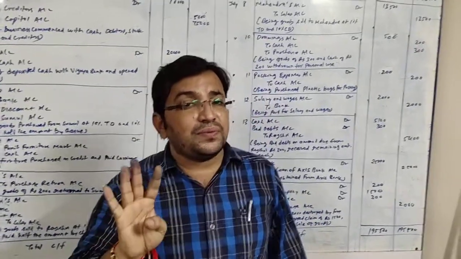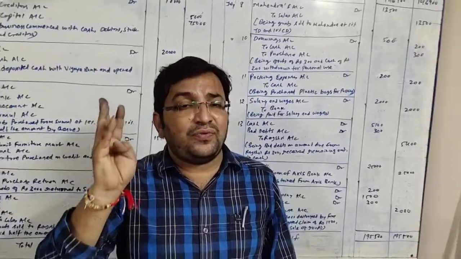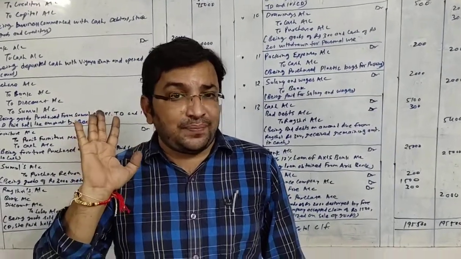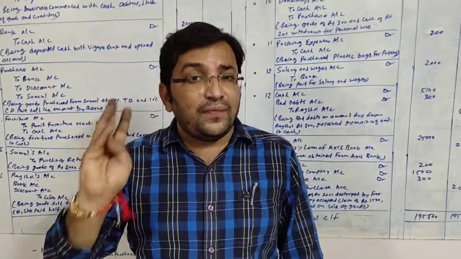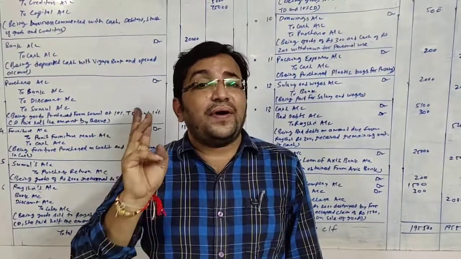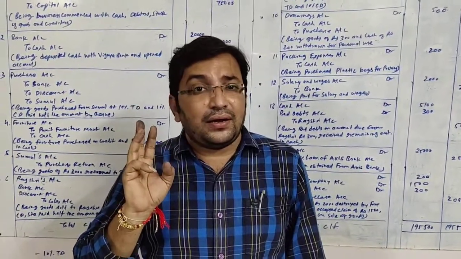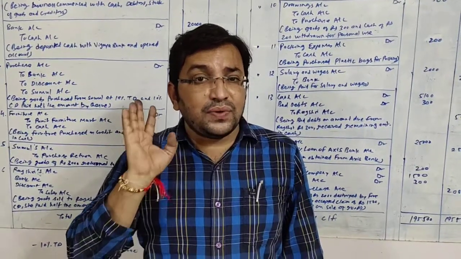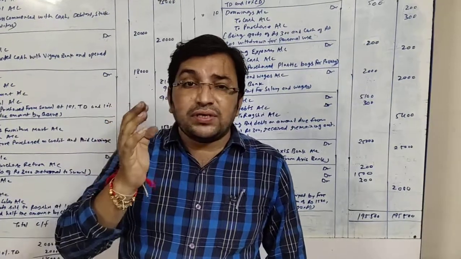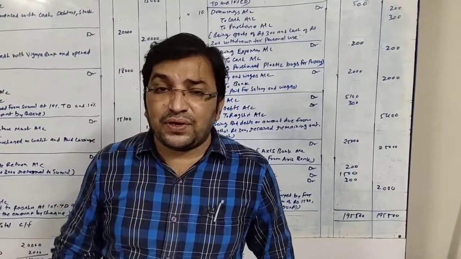Here total 4 accounts will be affected. One, cash account where 200 we are receiving. Second, insurance company account, 1,500 they have accepted the claim. Third, loss by fire account, rupees 300. And fourth, the goods account, that is purchase account, because goods is going out other than sales.